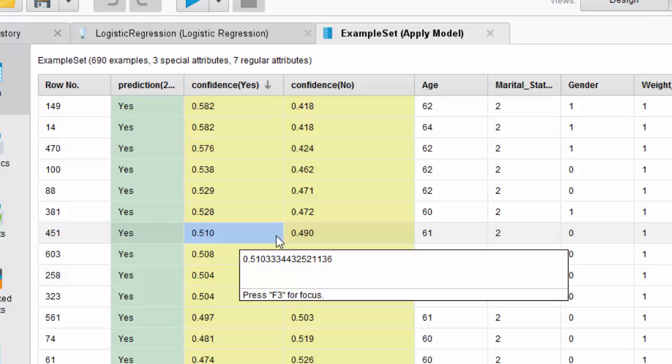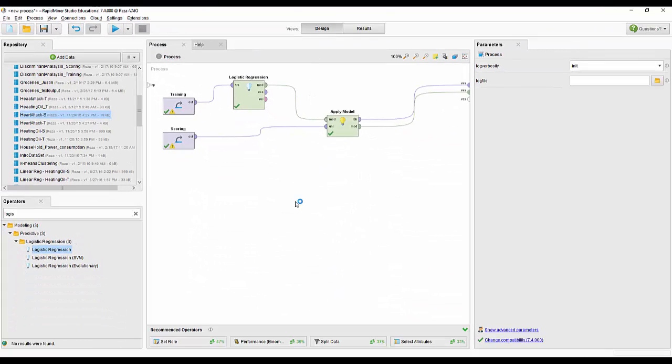You can only use these predictions as an extra piece of information to make a more informed decision. You should never completely rely on the computer output or on a predictive analysis algorithm output. Okay, that was the whole process of predictive analysis using logistic regression on RapidMiner.